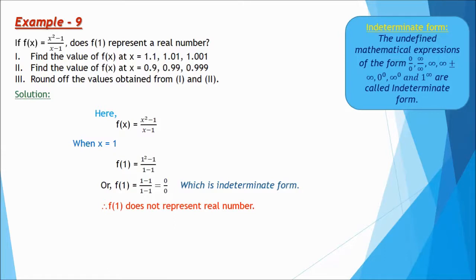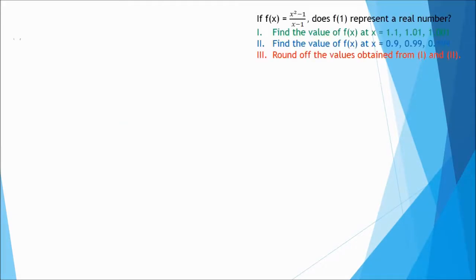So it is not a real number. So we can conclude like this. Now, let's see the solution part. We need the question, and the given function is f(x) is equal to x square minus 1 upon x minus 1. Let's do it by drawing a calculation table.